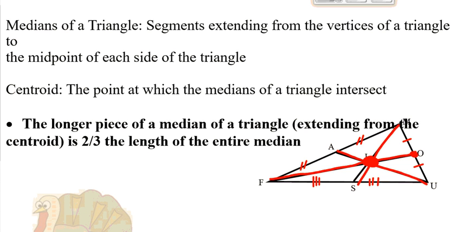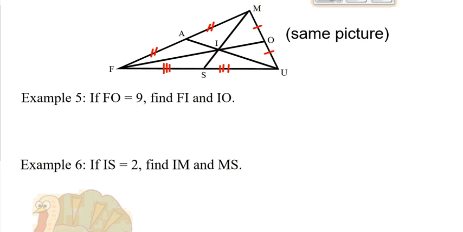Let's see what the bottom part says. The longer piece of a median of a triangle extending from the centroid is 2/3 the length of the entire median. Example: if FO is 9, the whole distance is 9.